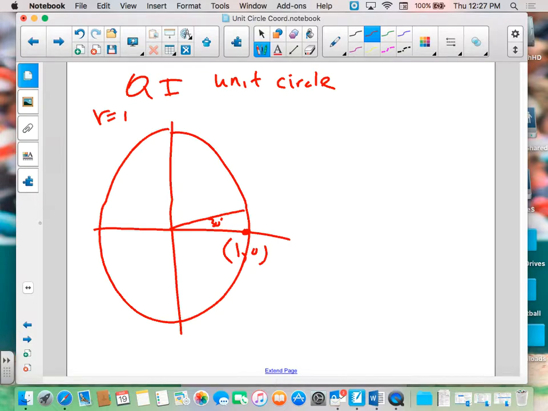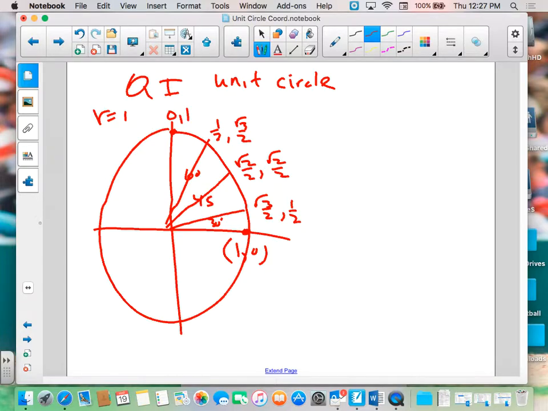It is over root 3 over 2 and up a half. Now I'm going to do 45 degrees. This is the easy one to remember. Root 2 over 2, root 2 over 2. And 60 degrees, you take these two and you switch them around. And then this point would be 0, 1.